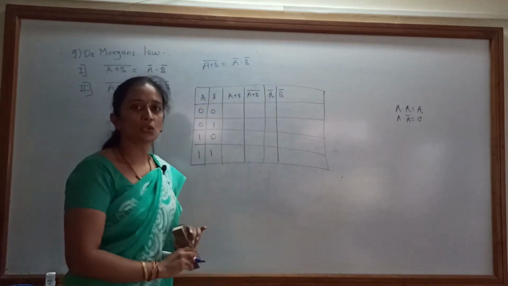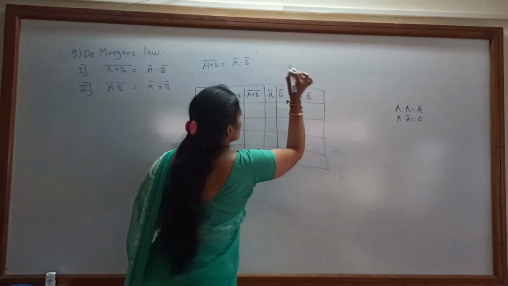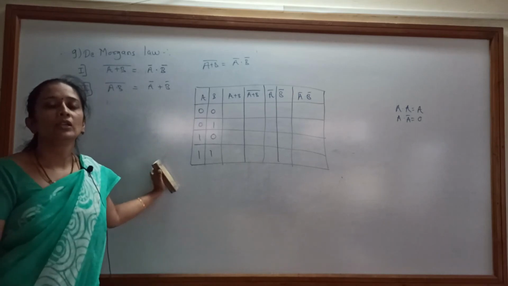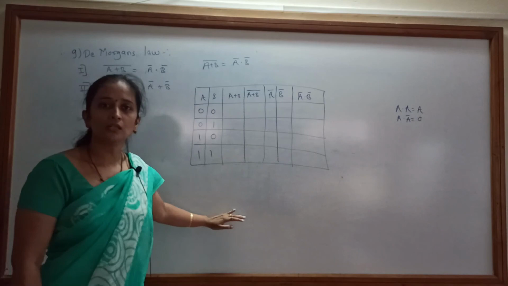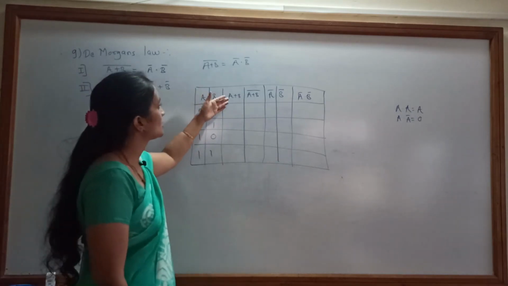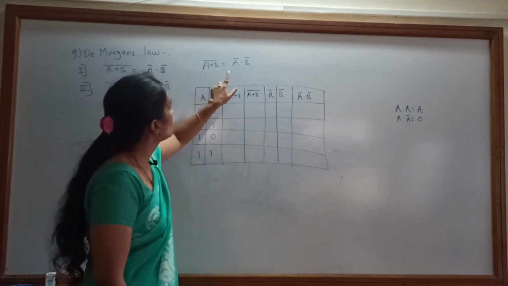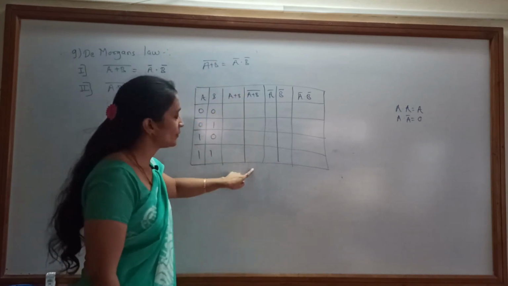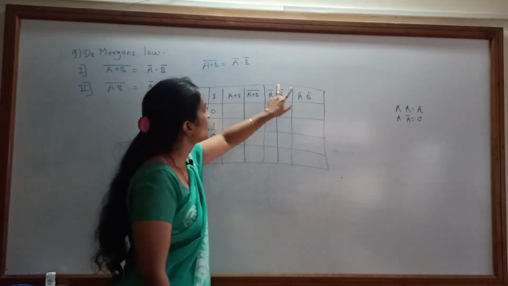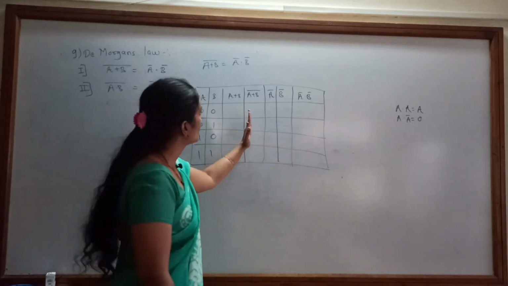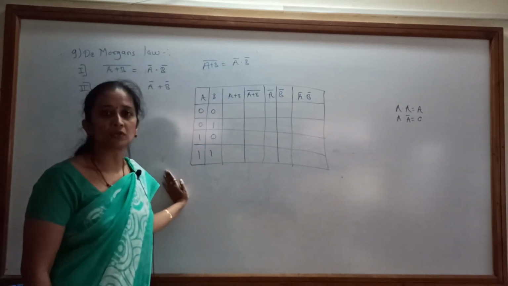Then multiplication of A complement and B complement. These terms we want for De Morgan's law. Now, first we will find out value for A plus B whole complement, this column. Then we will find out value for A complement into B complement, this column. And if this column and this column are same, our law is proved.